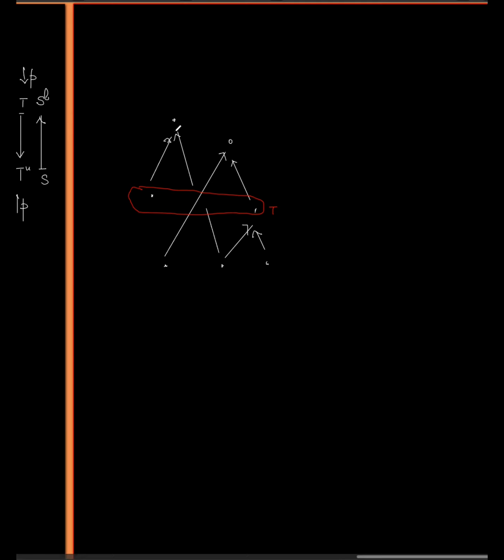Because this element is bigger than this, right? But we don't know about this. And if we take this element, this is bigger than this, but it is not bigger than this. So you see over here, in this particular case, the set of upper bounds of T is empty.